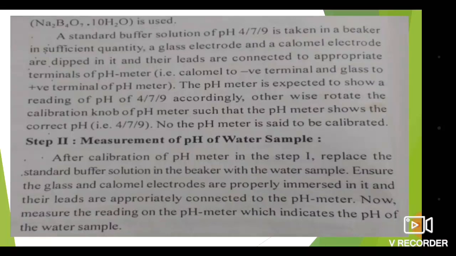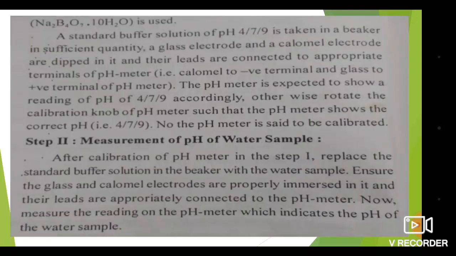The pH meter is expected to show a reading of pH 4, 7 or 9 accordingly. If the pH meter is not showing that reading, then adjust with the help of the calibration knob, depending upon which buffer solution is used. If you use the pH 4 buffer solution, then adjust the knob to the pH 4 reading, and the instrument is said to be calibrated.